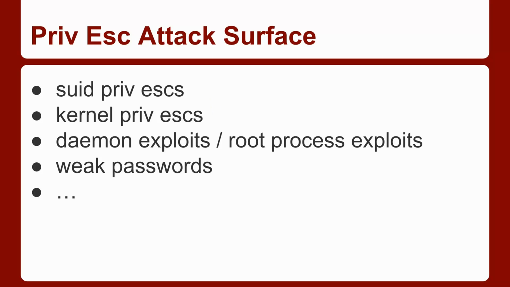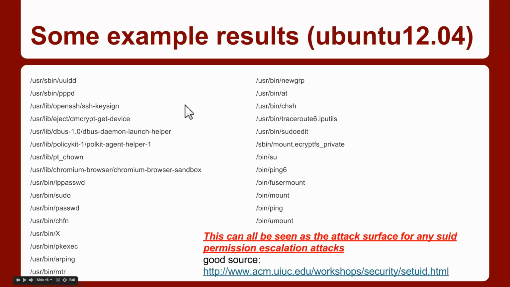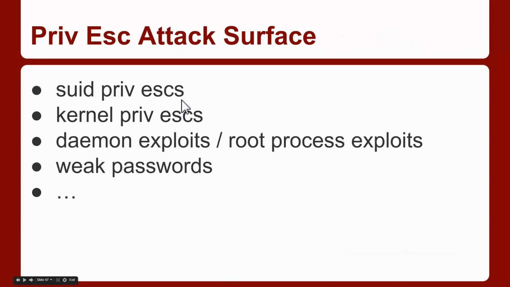In thinking about the attack surface for a system for just privilege escalation attacks, the following categories would make up the chunk of the attack surface. The set UID privilege escalations attack surface, which is basically any binary that has a set UID bit and is owned by root.